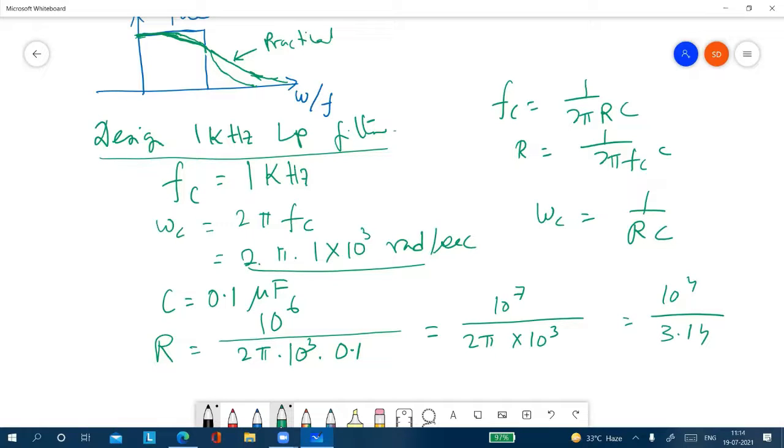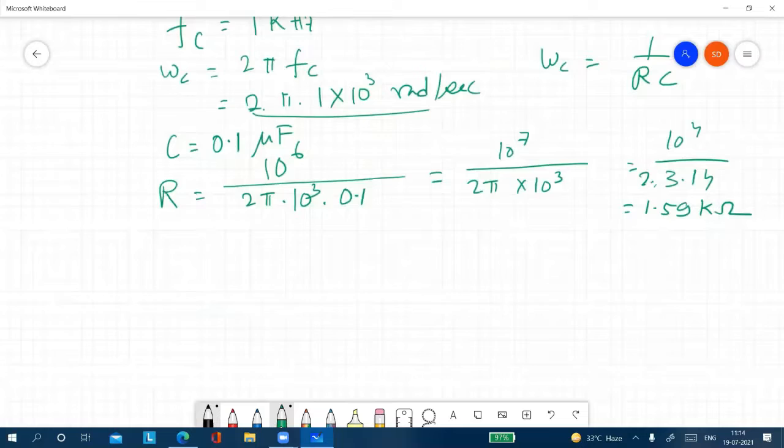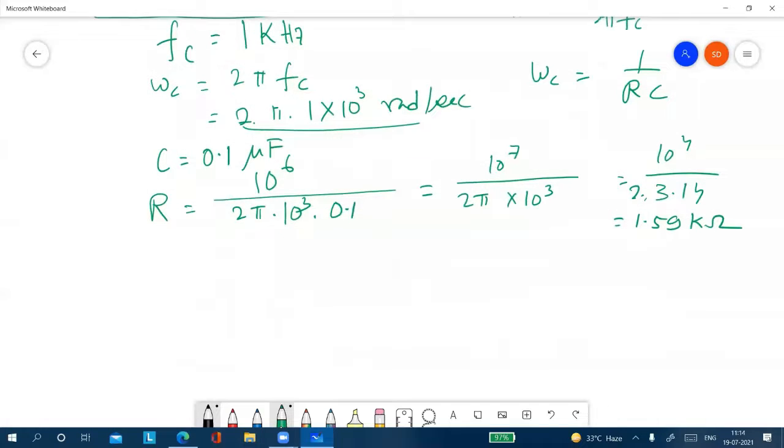What does 10 to the power 4 come to? You already know, 10,000, divided by 6.28. So this is 1592, that is 1.59 kilo ohm. If you consider this value of C, then this will be the value of resistance.